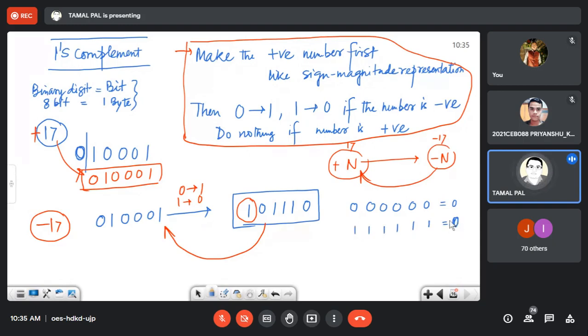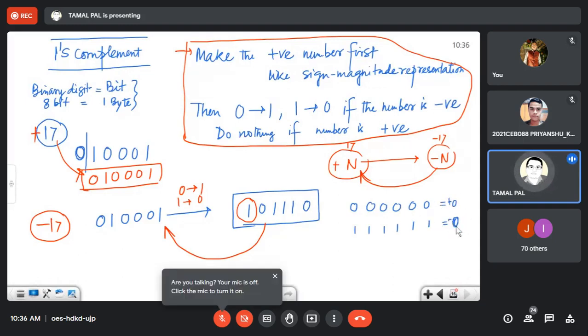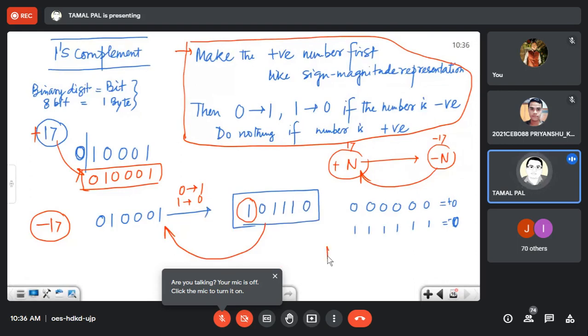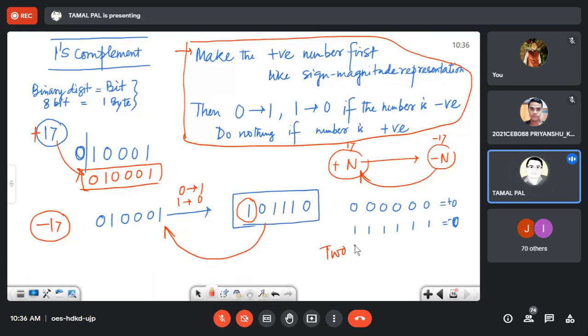That means this is nothing but minus 0 and plus 0. From the perspective of binary representation, minus 0 and plus 0 are the same, but here you will get two different patterns. So the problem here also persists: the problem of two zeros.